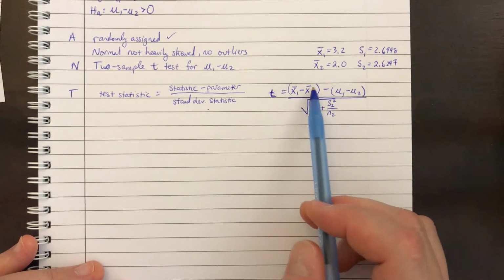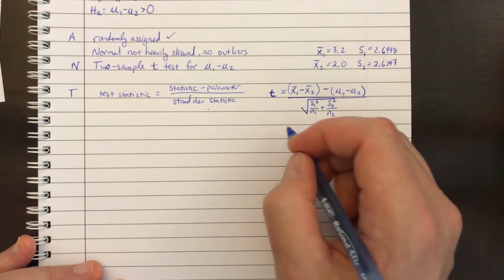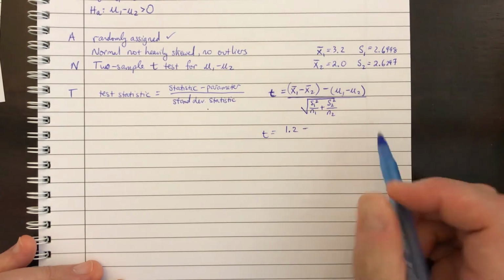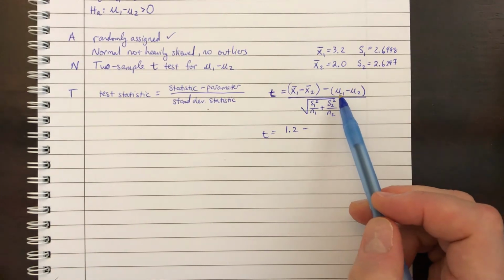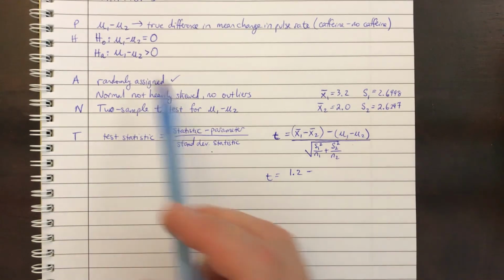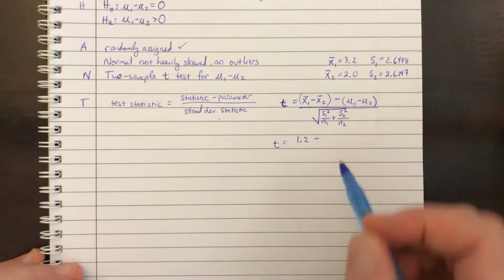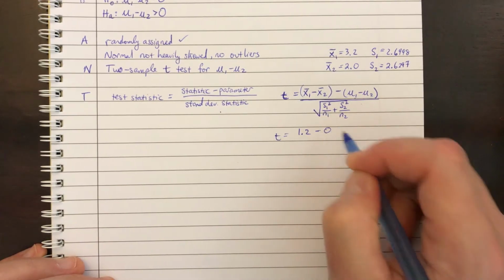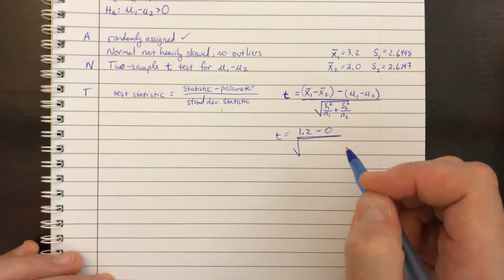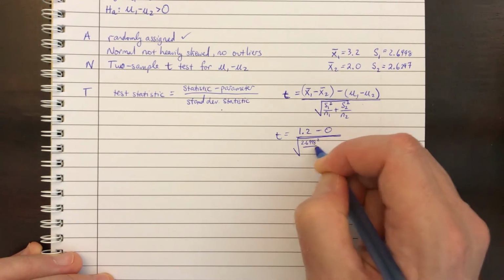So we're going to subtract the sample means, which is 3.2 minus 2.0. So that's 1.2 minus. Now the thing is, in our null hypothesis, we are saying that the true mean difference is actually 0, that there's no difference whether you drink caffeine or not. So this number here is 0, which is nice, divided by the standard deviation of the statistic, which is 2.6998 squared.